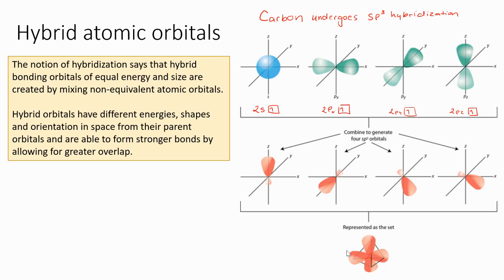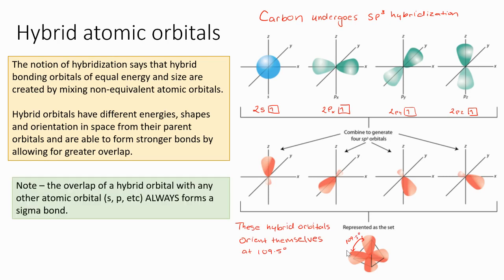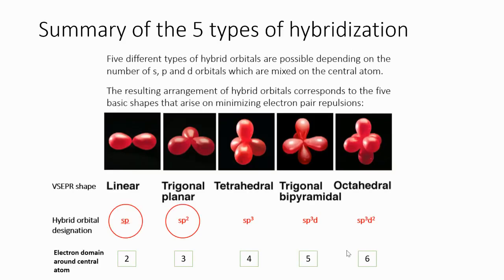And it's called sp3 orbitals because we have one s and three p orbitals as the parent orbitals. These hybrid orbitals orient themselves at 109.5 degrees. Now, the overlap of a hybrid orbital with any other atomic orbital always forms a sigma bond.